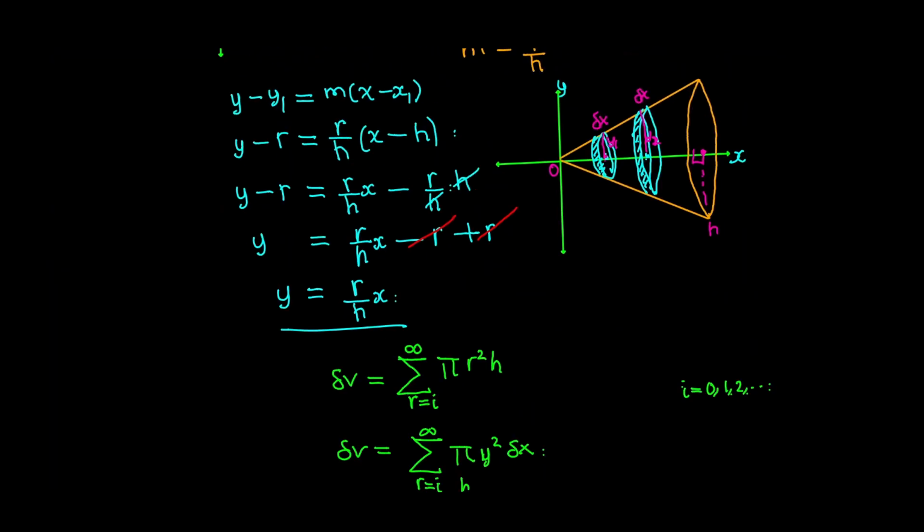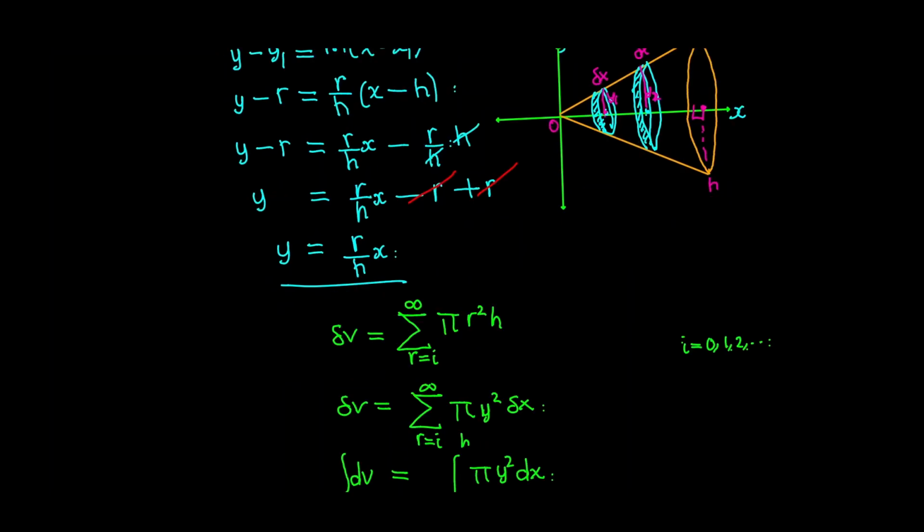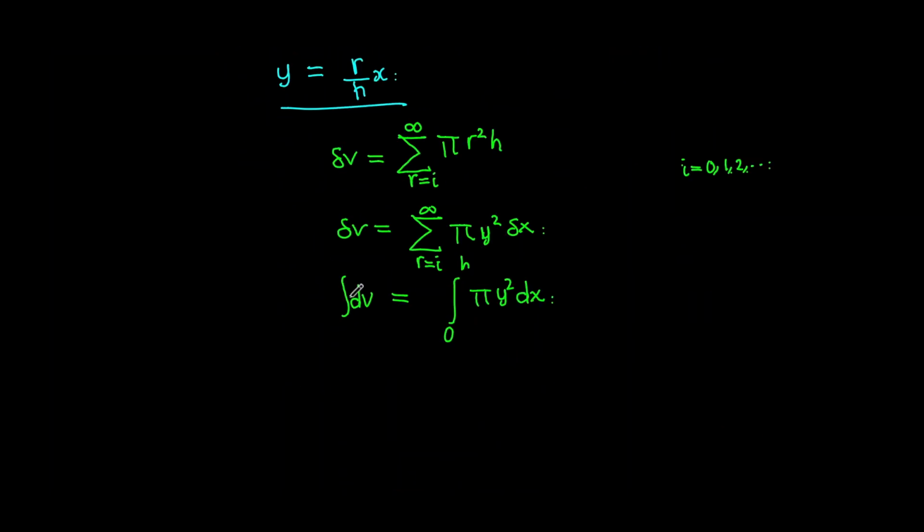In our step number 1, we had the value of y as r over h times x. So let's make a substitution into our formula. Now from here, the integral of 1 with respect to V would yield us V as the volume. The left hand side is already coming up.